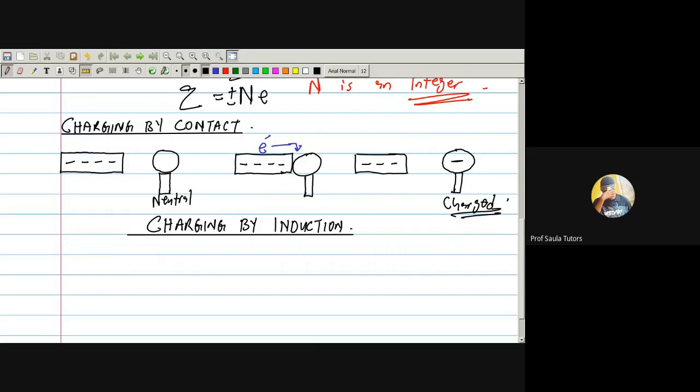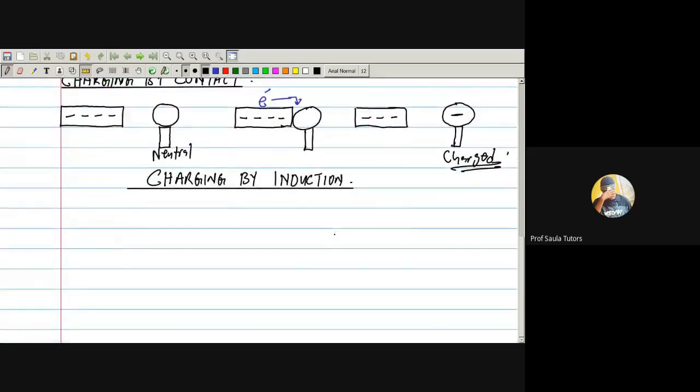I have different examples to give you, so just pay attention so you will get the full understanding. All together? Okay, so let me say I have a neutral metallic object here.